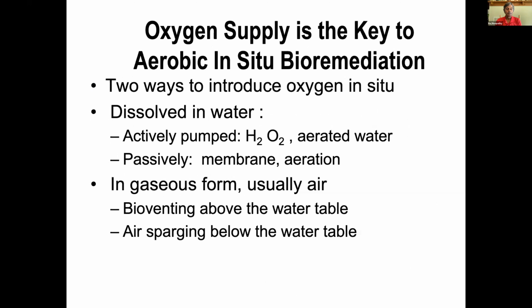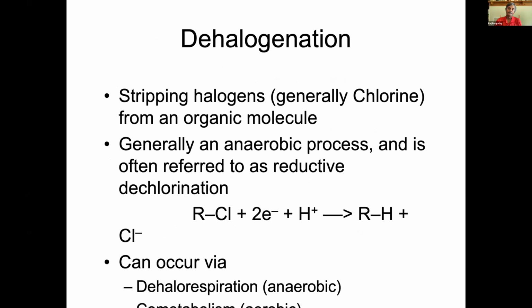Oxygen can be applied to the contaminated site in both dissolved form and gaseous form. In dissolved form, you can use hydrogen peroxide, which has oxygen in its structure. And in gaseous form, in the bioventing process, you pump or draw air through the contaminated site, so the microorganisms will get oxygen. Those are some of the common methods.